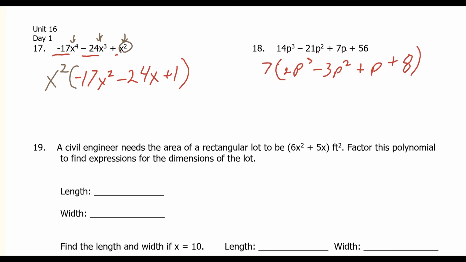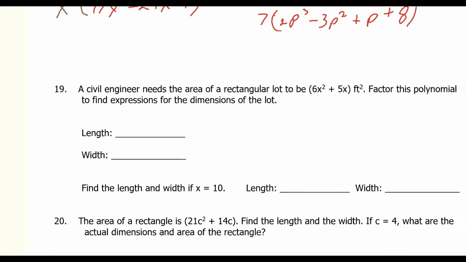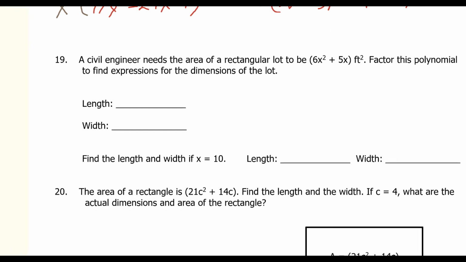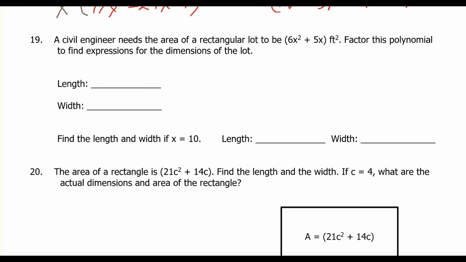Now, number 19. It says that a civil engineer needs the area of a rectangular lot to be 6x squared plus 5x feet. Factor this polynomial to find expressions that could be used for the dimensions of this lot. Now, we've got 6x squared plus 5x.